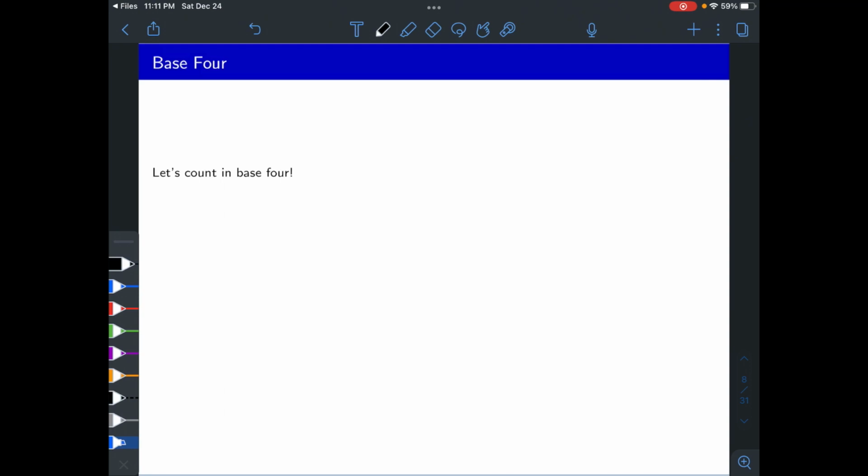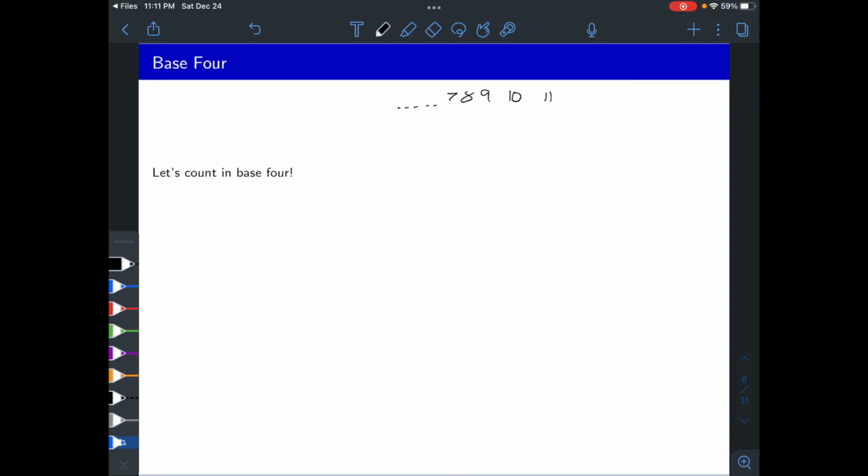But in symbols, that's a little more confusing because of how we write the digits. We do 1, 2, 3, 4, 5, 6, 7, 8, 9, and then instead of having another symbol for the number that comes after, we write a 1 and then a 0.